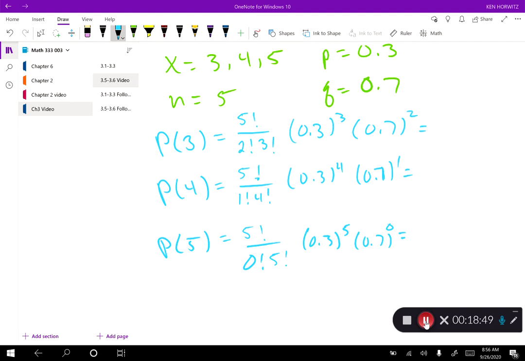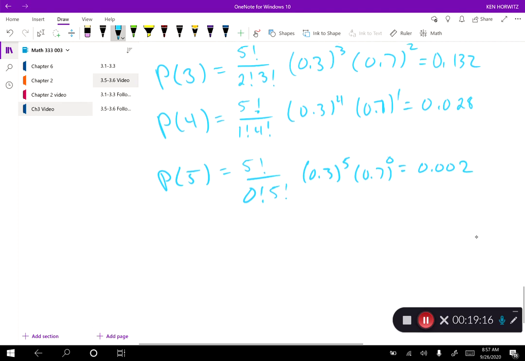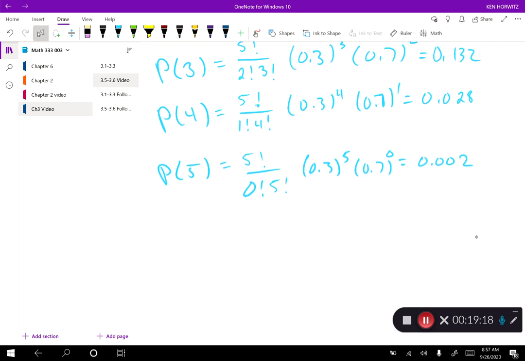All right, so let's see how you did. For probability of 3, I got 0.132. For probability of 4, I got 0.028. And for probability of 5, I got 0.002. Now to get the probability of 3 or 4 or 5, we have to add up all 3 numbers.